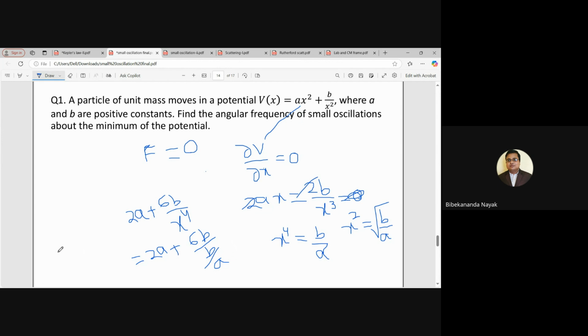Here we calculate the second derivative del square V by del x square. This is equal to this plus plus, so finally it is equal to 8a. Is 8a greater than 0 or less than 0? Given a, b are positive constants, so 8a is greater than 0. So del square V by del x square greater than 0 means V is maximum or minimum?